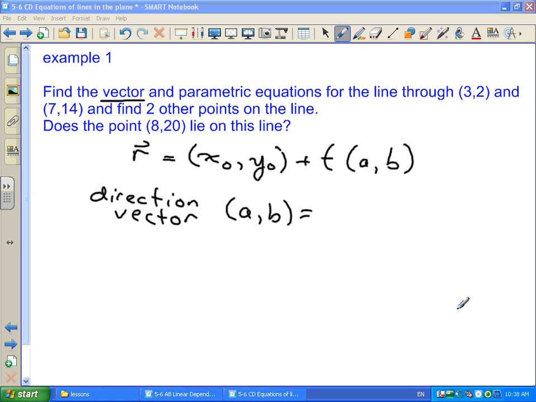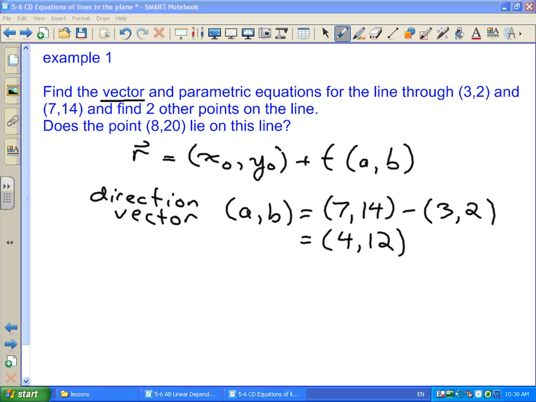So to find that direction vector, we just subtract the 2 points that we have. We can take our endpoint minus our starting point, so we can do 7, 14 minus 3, 2, and we end up with 4, 12 for our direction vector.